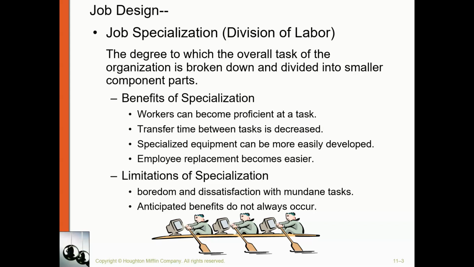So let me give you an example of job specialization from when I worked at a fast food restaurant as a teenager. If you go into a fast food restaurant and you order a meal, so you're getting a drink, you're getting, we'll use Burger King as an example because that's where I worked. Maybe you're getting fries and a sandwich, like a chicken sandwich, and a Whopper.